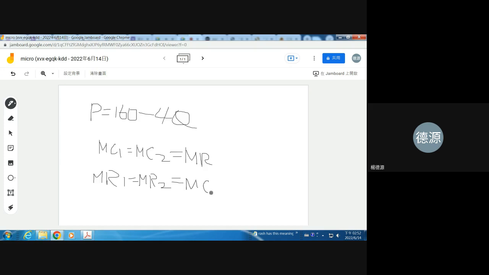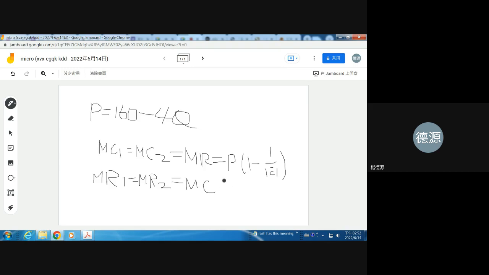And the important part is what MR is equal to: it is equal to P times 1 over the absolute value of elasticity.